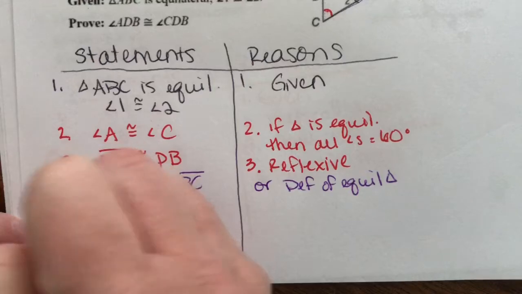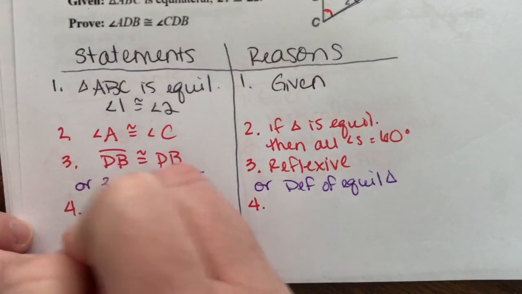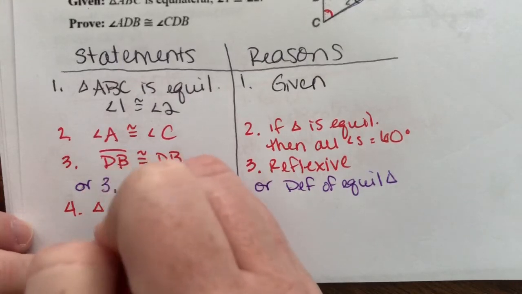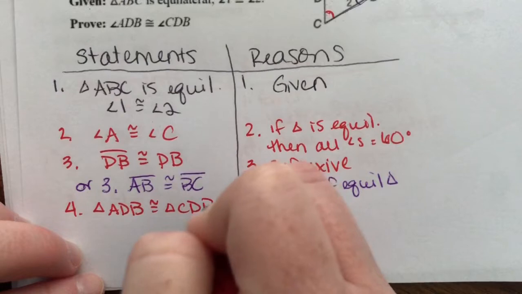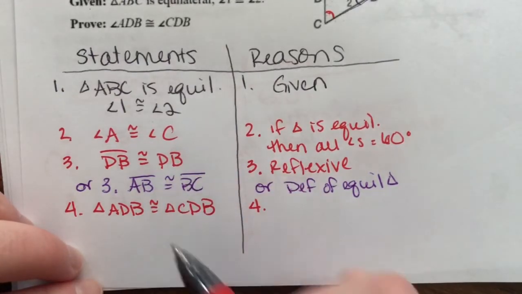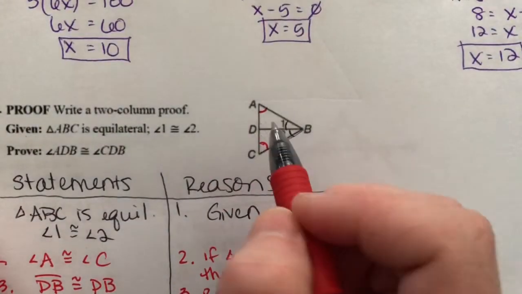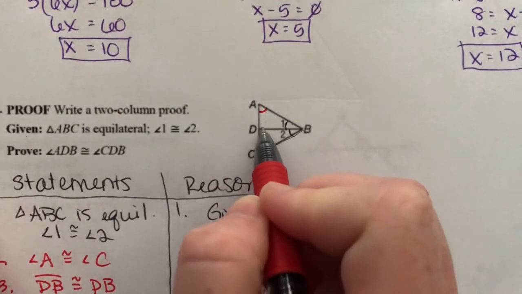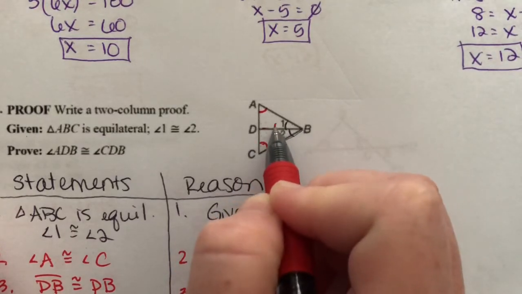Okay, so then the next step, whichever one you use for step 3, doesn't matter. Next step 4, I can say that my triangles are congruent. So triangle ADB is congruent to triangle CDB. And why? What do I have proof congruent? Well, if you went with this red way here, we said these 2 angles and this non-included side are congruent, right?